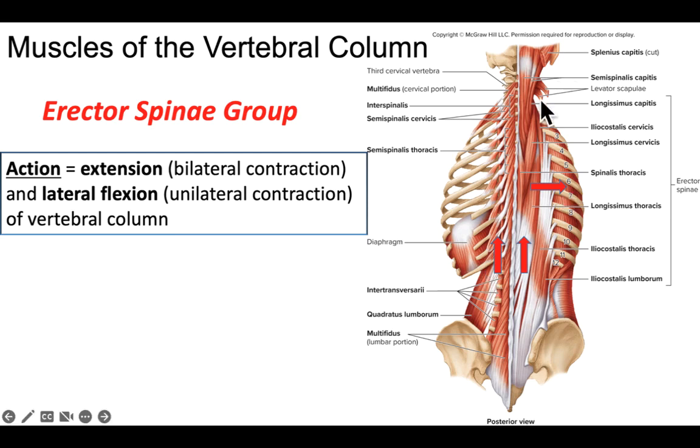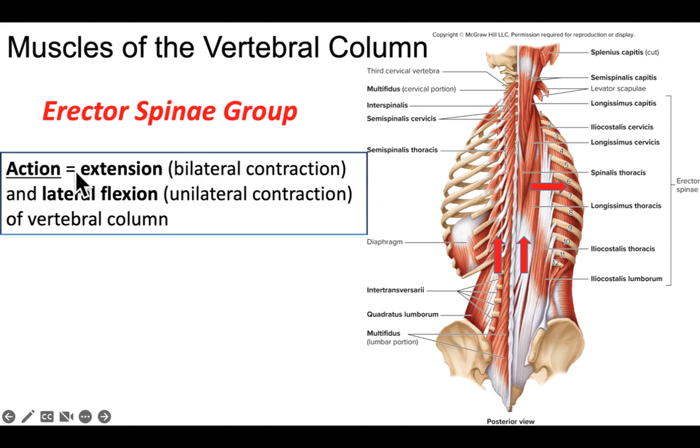All right, so let's think about what these do. If you're running vertically and both sides contract, so all of them on this side of the vertebral column and all of them on this side contract together, we call that bilateral.